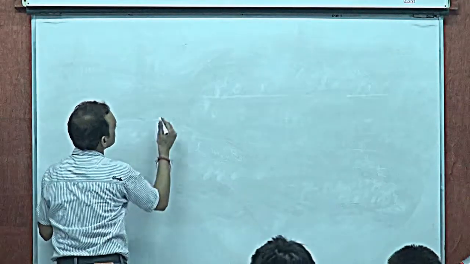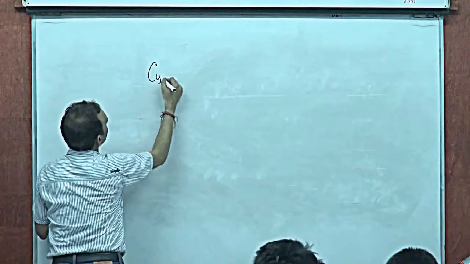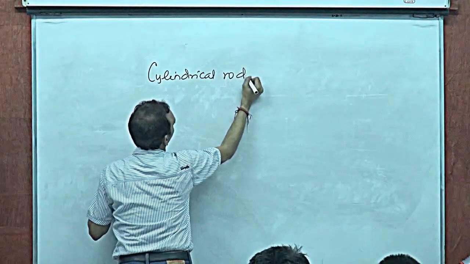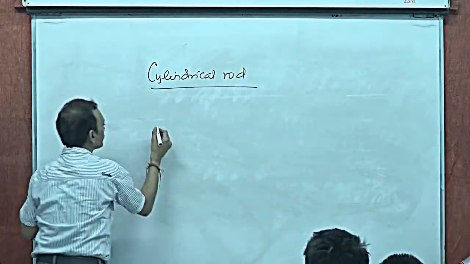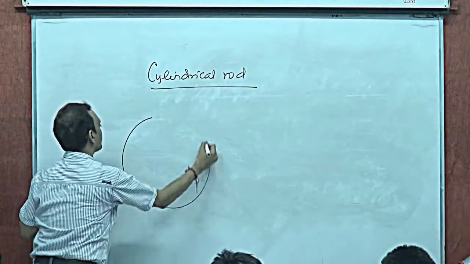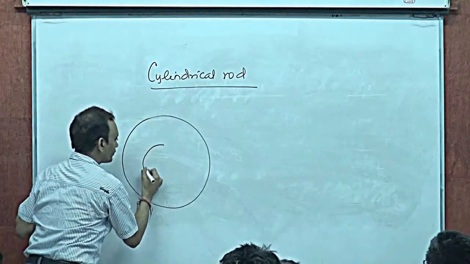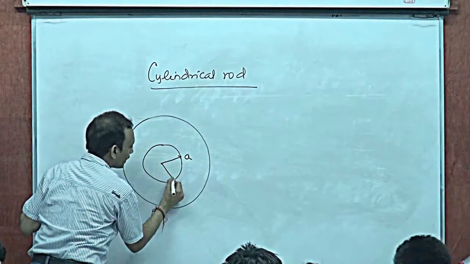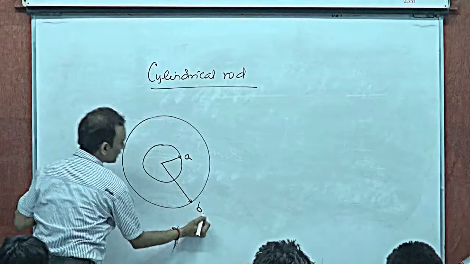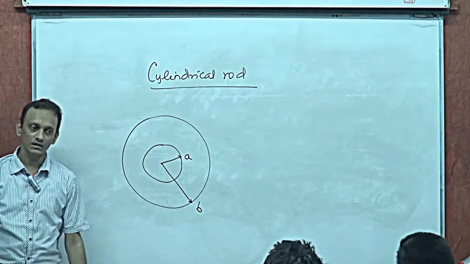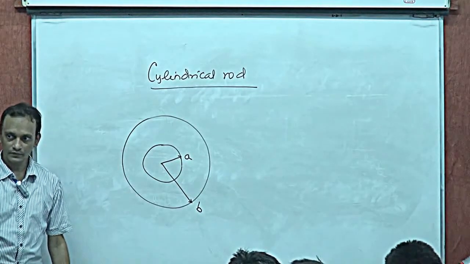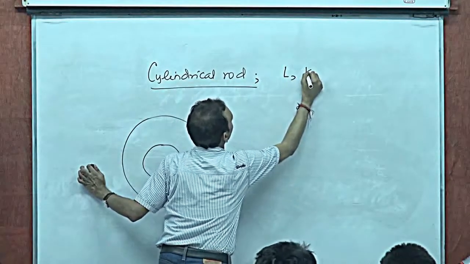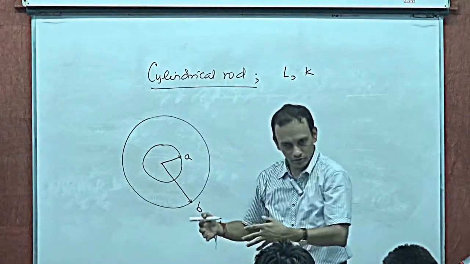Say there is a cylindrical rod of inner radius small a, outer radius small b. Length L, thermal conductivity K. The length of the cylinder goes into the plane of the board.